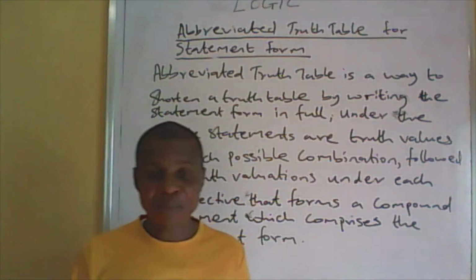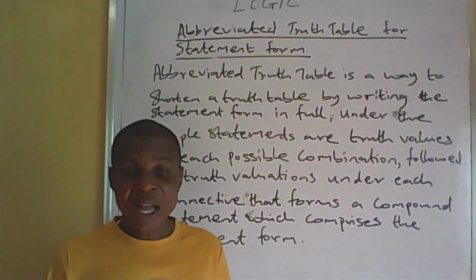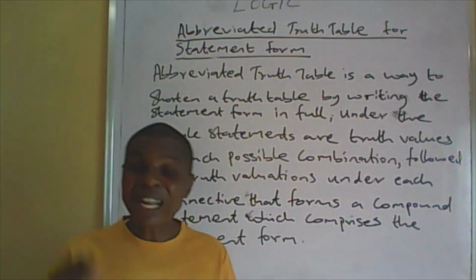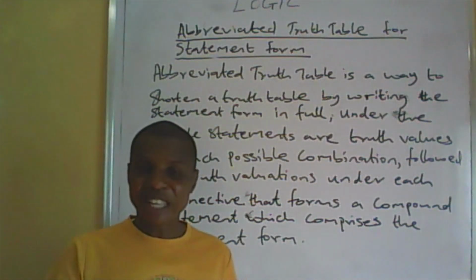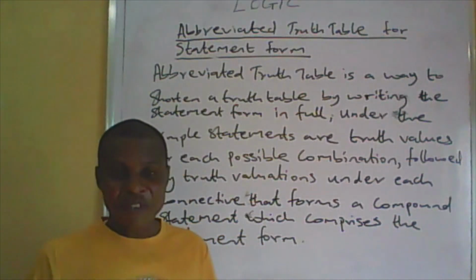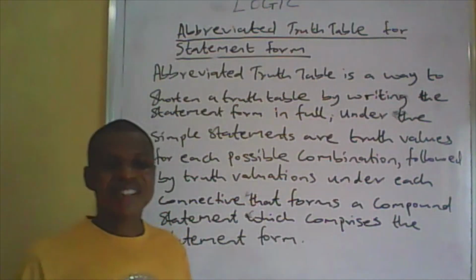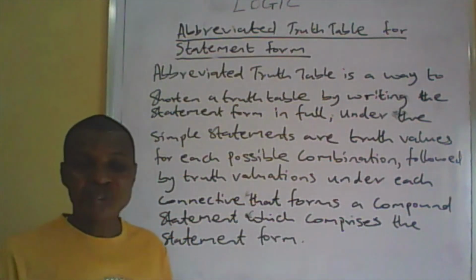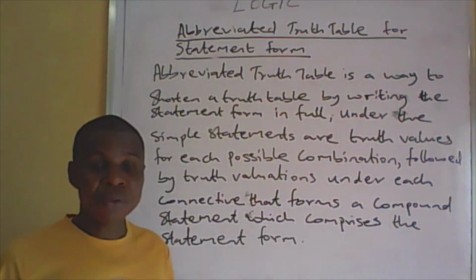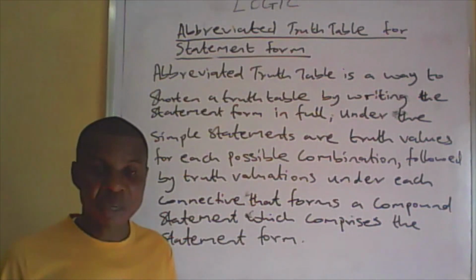Then followed by truth valuations under the connective that forms a compound statement that comprises the statement form. That's what we mean by abbreviated truth table. So it is a means we use to shorten our truth table. So let us use an example to explain what we mean by abbreviated truth table.